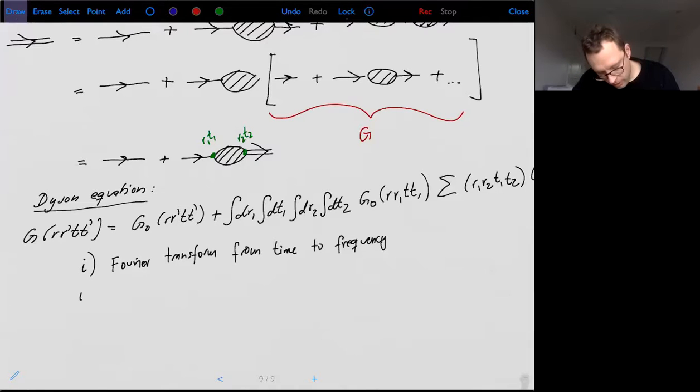Next, we'll express all objects, basically the interacting Green's function, the non-interacting Green's function, and the self-energy in a basis of Kohn-Sham orbitals.